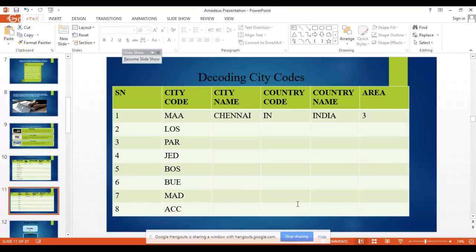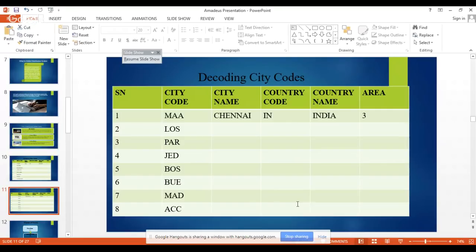The next one is PAR, Papa Alpha Romeo. The city name is Paris. We have the country code, and the country name is France. It's also in area 2.